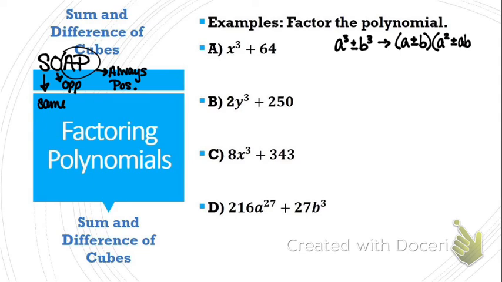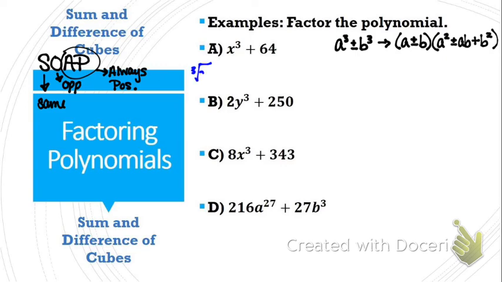This is different than when I square a binomial. When I square a binomial, it's 2ab. With my sum and difference of cubes, it's just ab. And then always plus b squared. So I need to know what a and b are. I need the cube roots of each of these pieces before I can write down my terms.